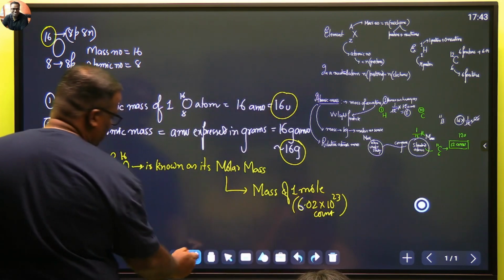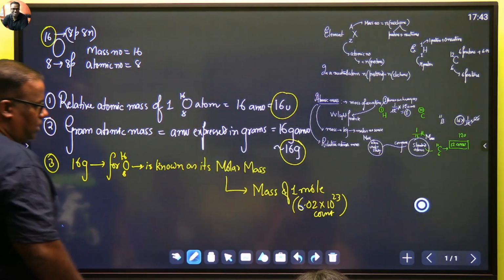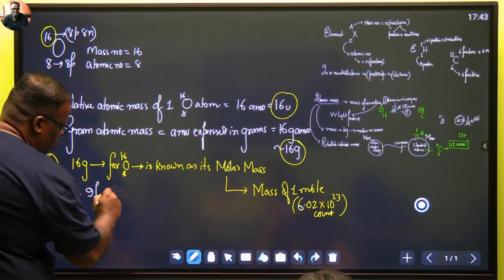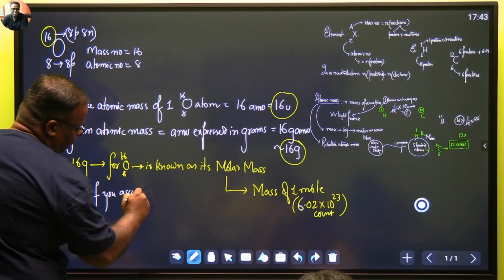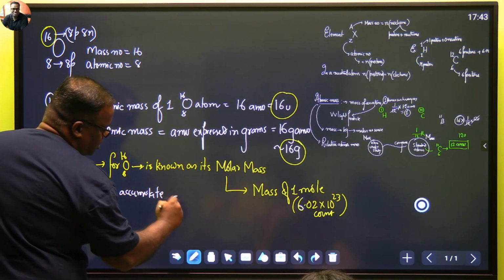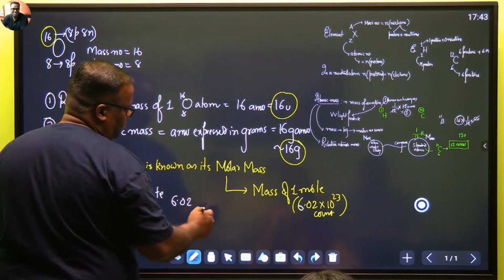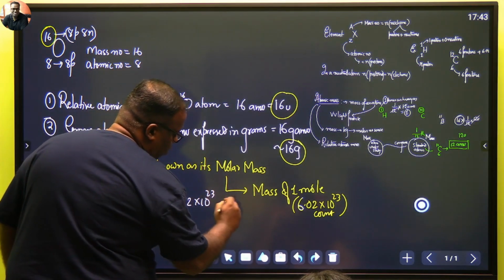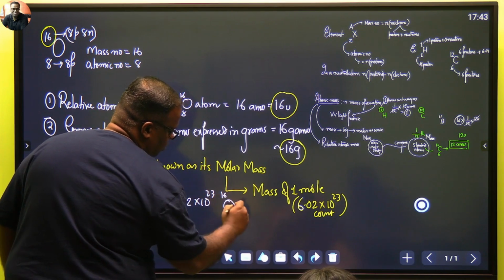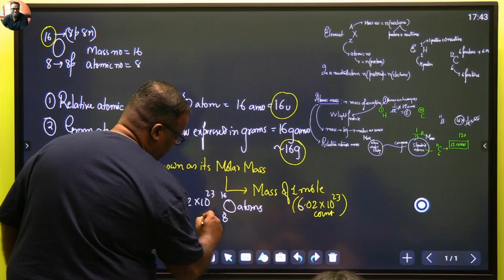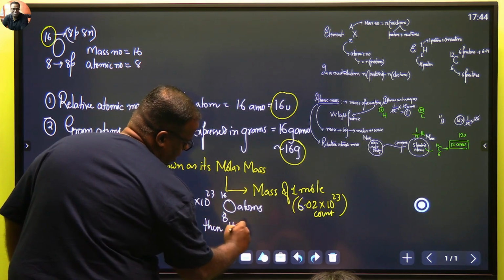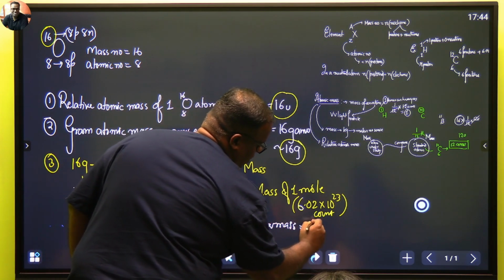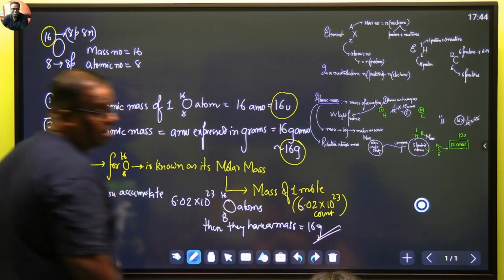This means that if you accumulate 6.022, actually I have written 6.02, 6.022 into 10 to the power 23 oxygen atoms, then they have a mass equal to 16 grams, and this is the SI grams.